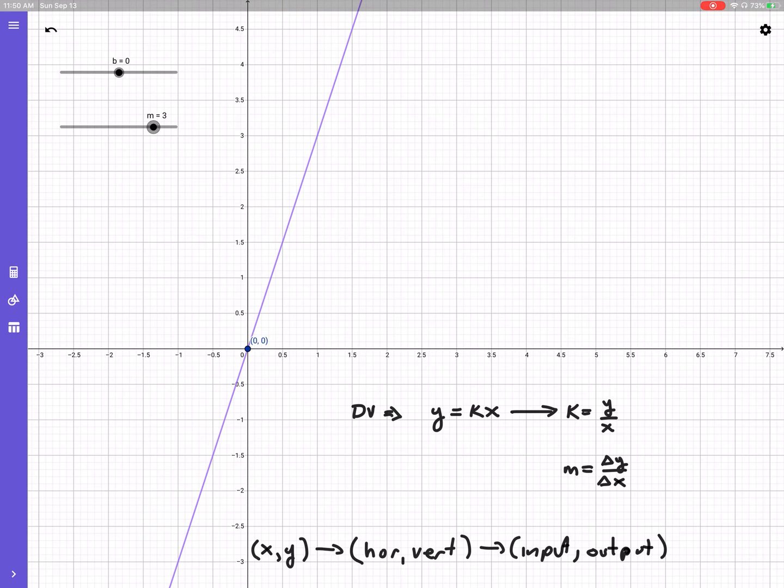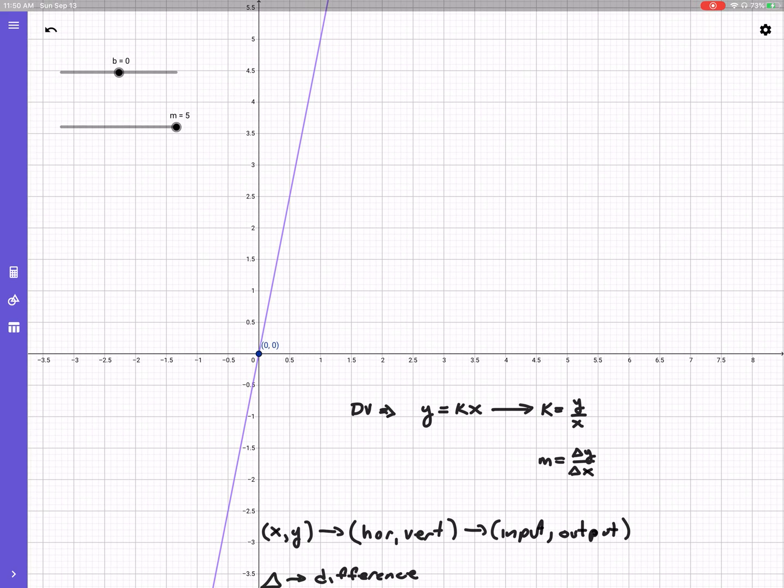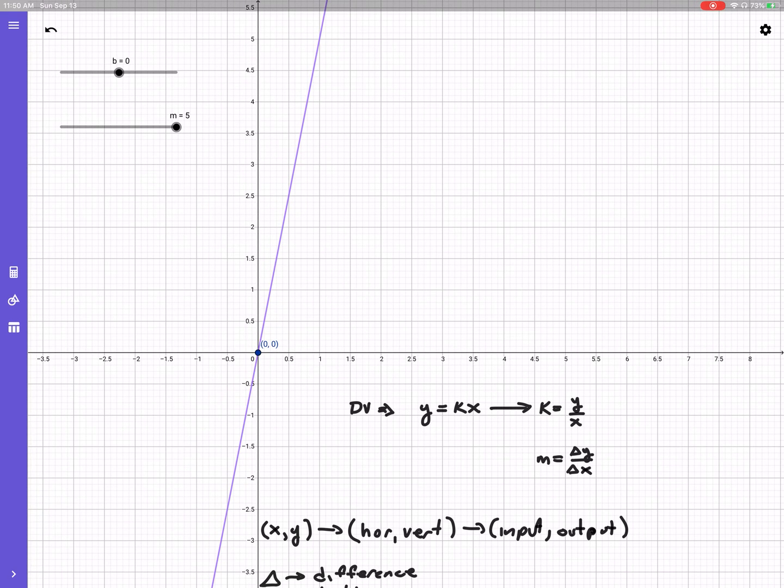That's where our point is. So the point here being is that direct variation is a nice way to get into the slope equations and things like that. Now, let me go back to a slope of 1.